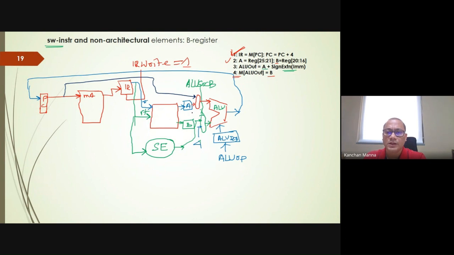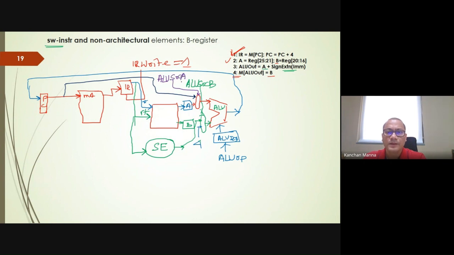Got it. And so select input of these marks. Let's say that is ALU A.